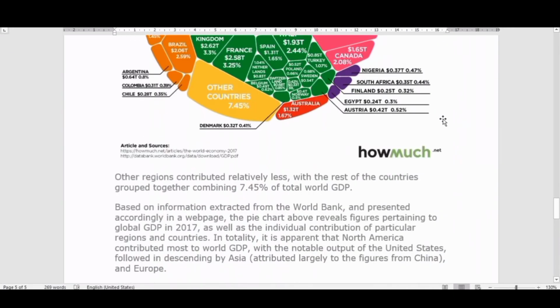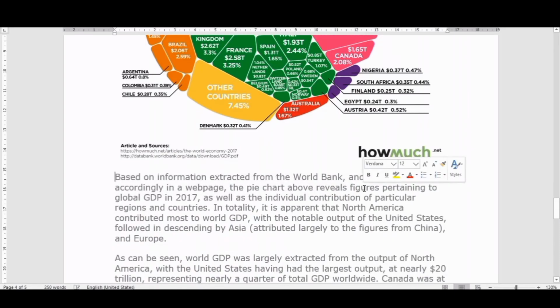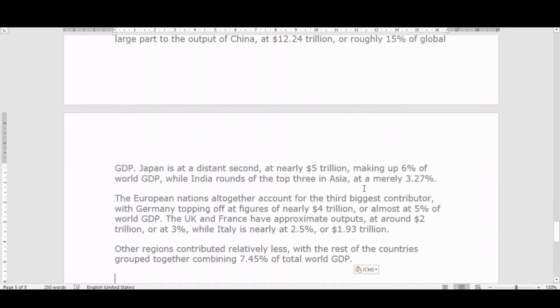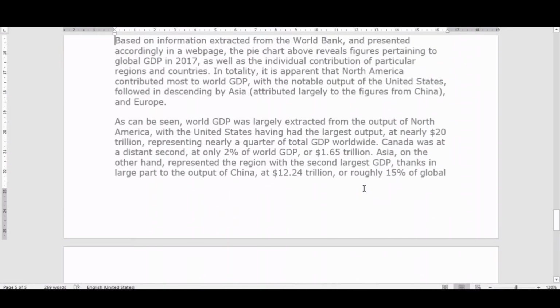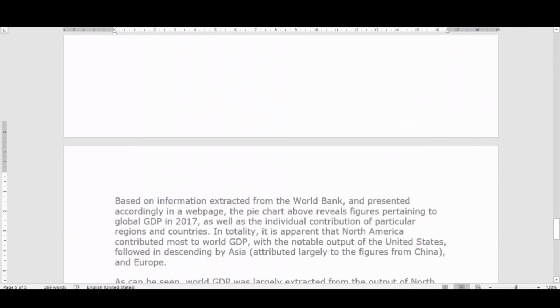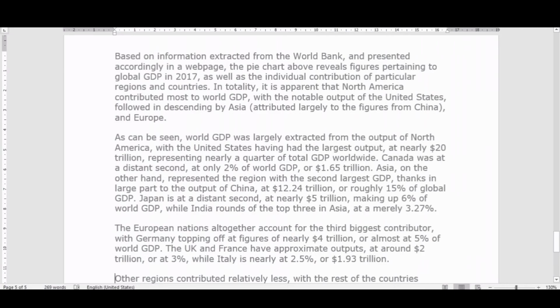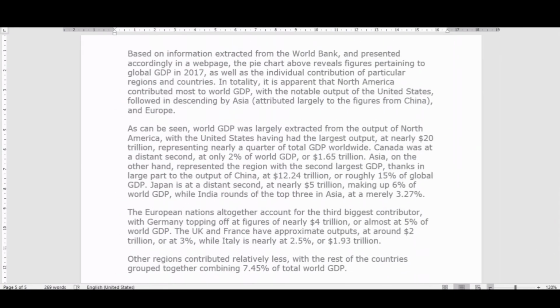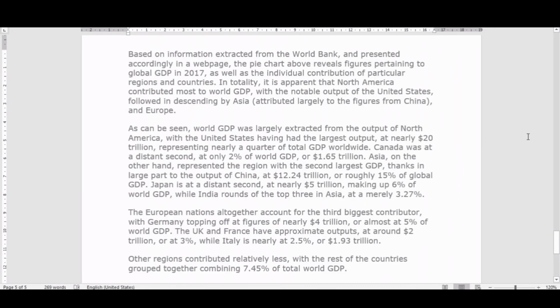And then finally this paragraph describing the relatively low insignificant figures for other countries. Okay, there, that's good enough at least for a band 7.